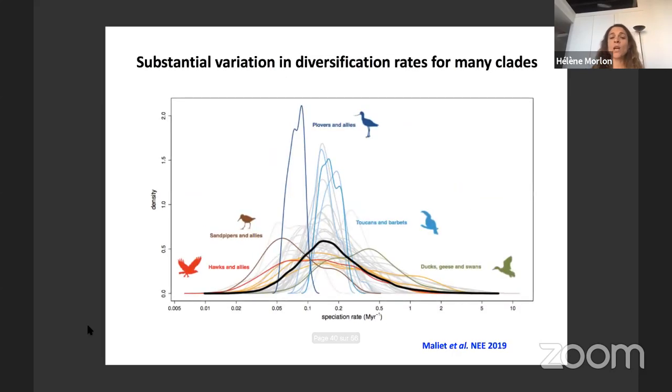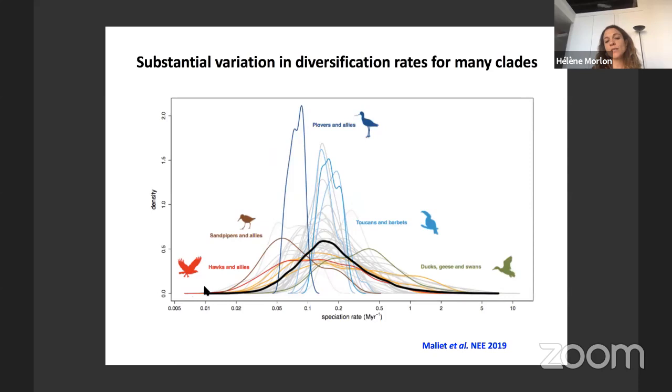And when we look at all bird families across the whole bird radiation, we find again examples of clades where rates are pretty constrained and examples where rates are very variable. And what we see here is a distribution of speciation rates in black for the whole bird clade, and then for individual clades.